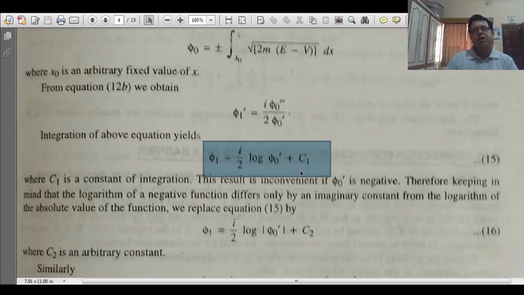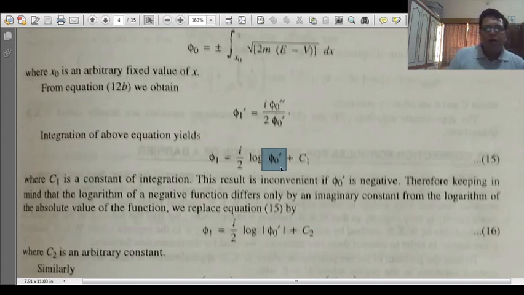The result is inconvenient if phi 0 dash is negative, because the logarithm of a negative function differs only by an imaginary constant.